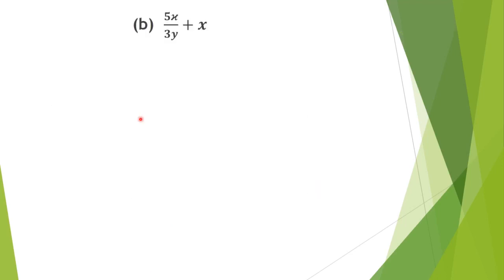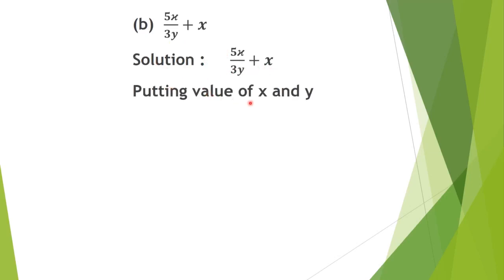Now we are going to solve part B, that is 5x over 3y plus x. Solution. 5x over 3y plus x. Putting the values of x and y, the value of x is 6 and the value of y is minus 4.